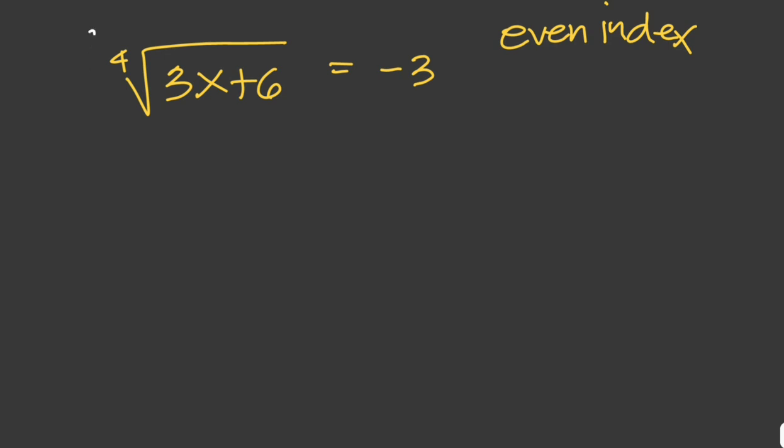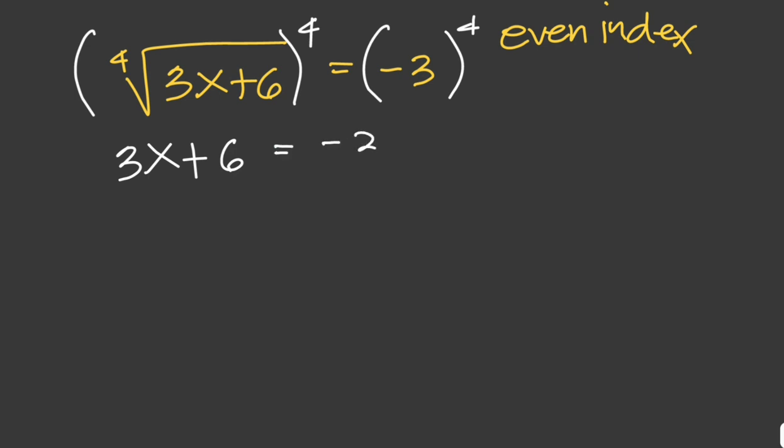To solve this, we simply raise both sides to the power of 4 to get rid of the root. So the fourth root of 3x plus 6, to the power of 4, is just 3x plus 6, equals negative 3 to the 4th.